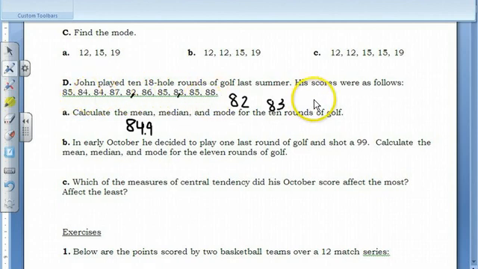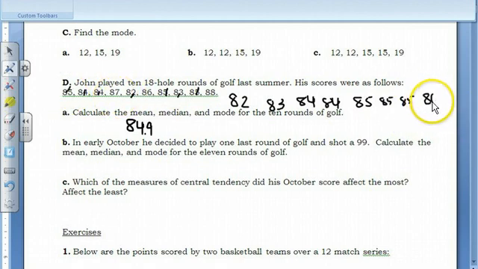So it looks like I have two 84s, 3 85s, an 86, an 87, and an 88. Count them to make sure. 1, 2, 3, 4, 5, 6, 7, 8, 9, and 10.